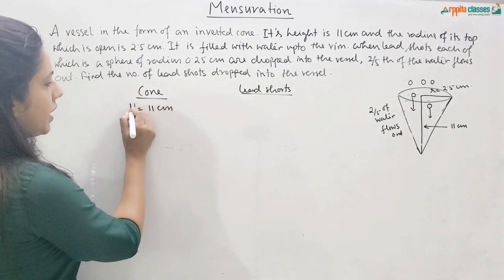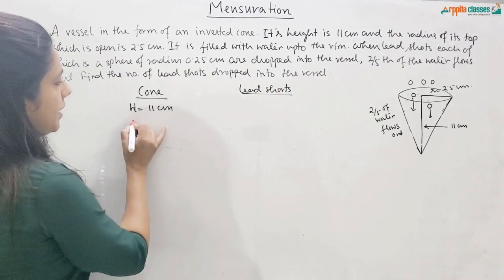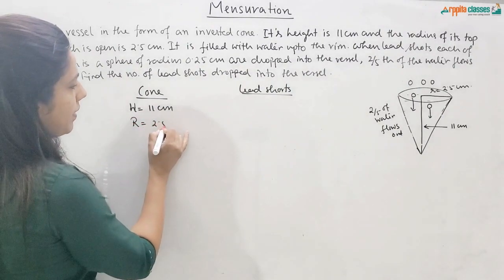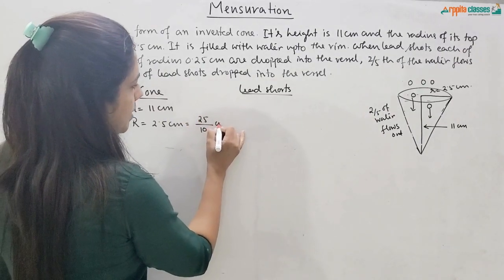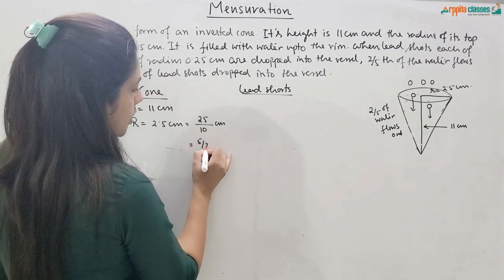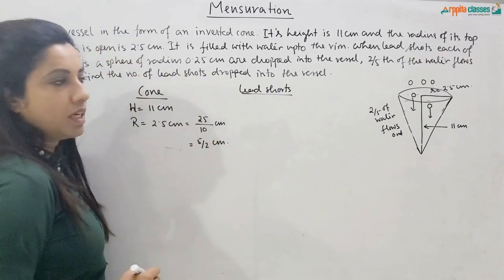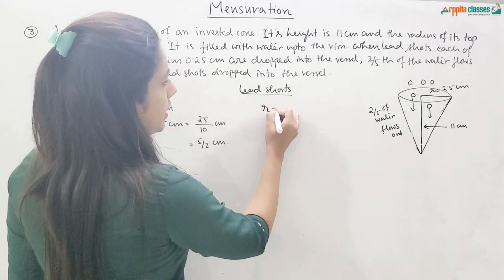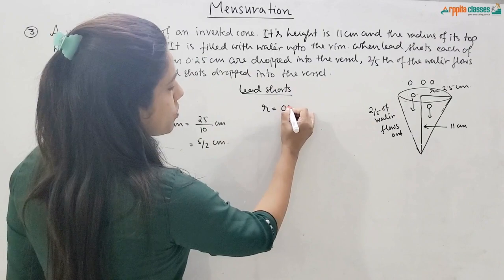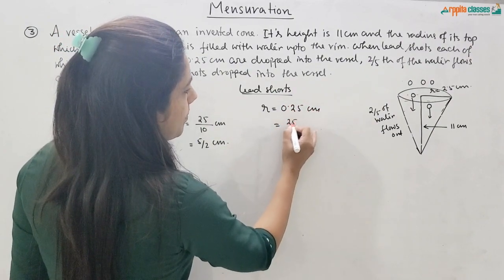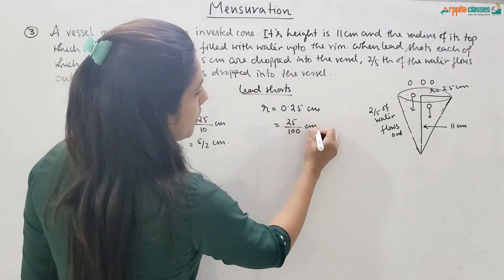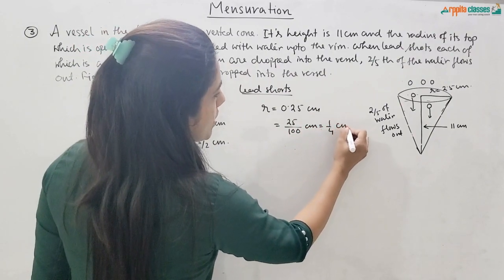I am denoting it by capital H, and capital R is 2.5 centimeter. Convert it into fraction, 25 by 10 centimeter, that is 5 by 2 centimeter. And the lead shot, I am putting the radius of lead shot as small r, that is 0.25 centimeter, that is 25 upon 100 centimeter, which is equal to 1 by 4 centimeter.